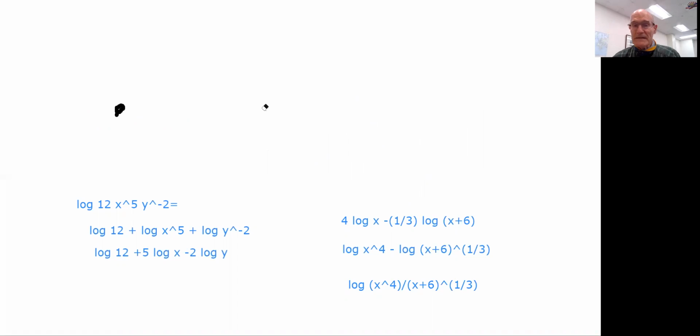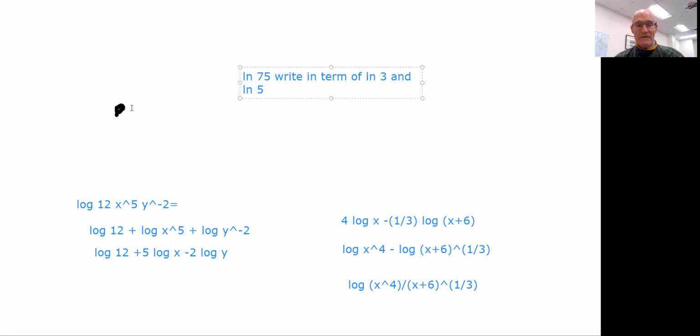You want to take something like the natural log of, say, 75. Okay, we'll do 75 and write this in terms of the natural log of 3 and the natural log of 5.